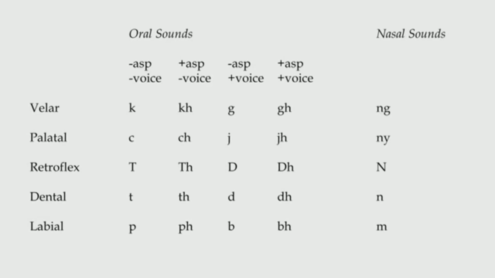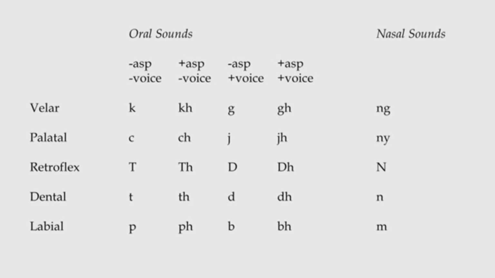And in this chart you see the place of articulation for ka. What is the sound ka called? A velar sound, cha is called a palatal sound, ta is called a dental sound, and pa is called a labial sound.